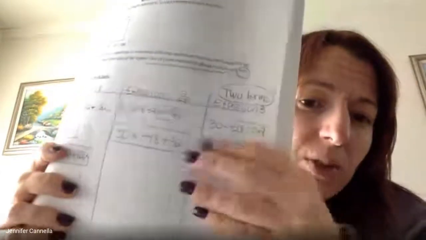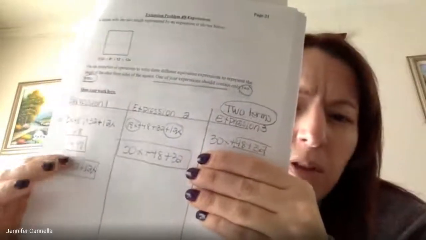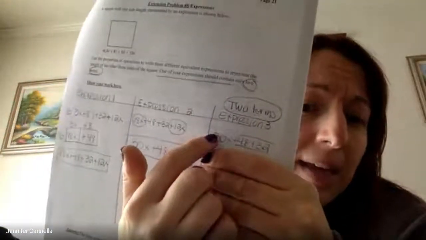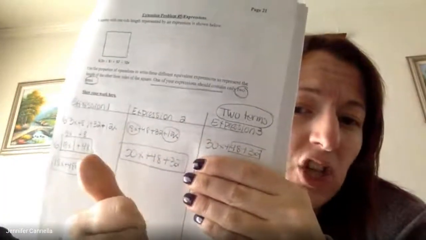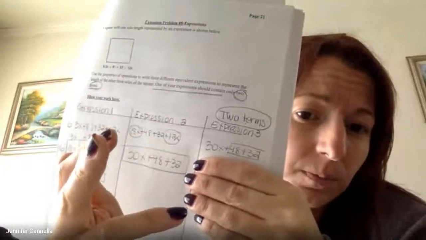Now, the next one. I'm going to rewrite this answer here for expression 3. And I need to come up with 2 terms. A term is separated by either an addition, a subtraction, a multiplication, or a division sign.